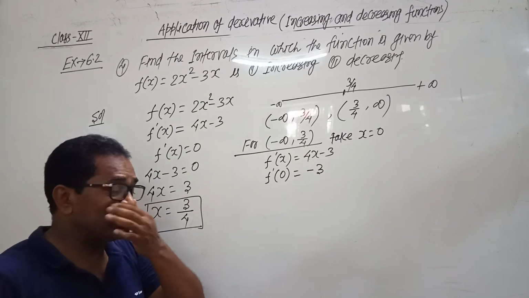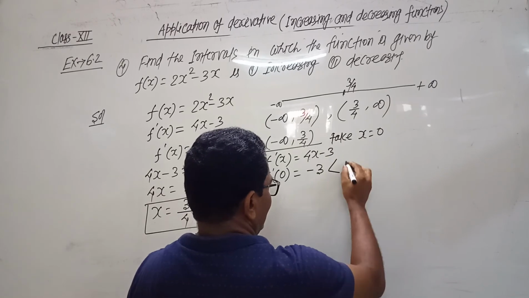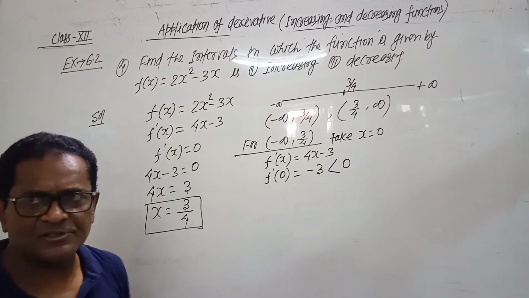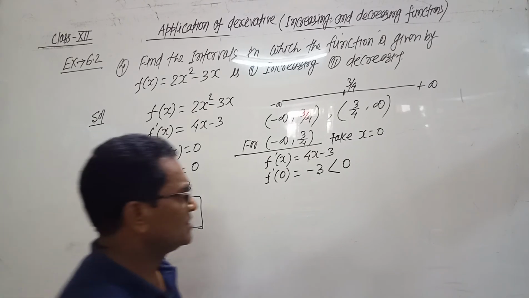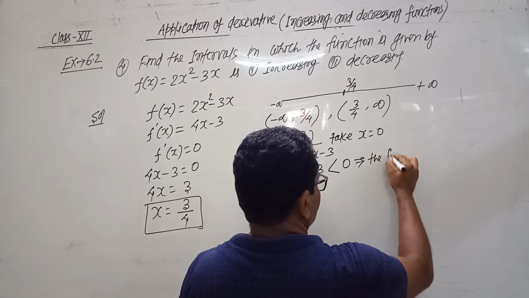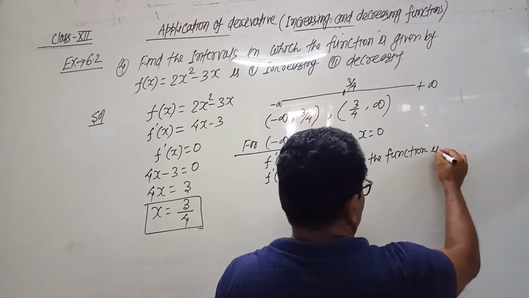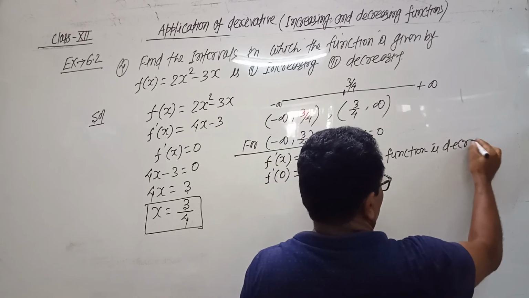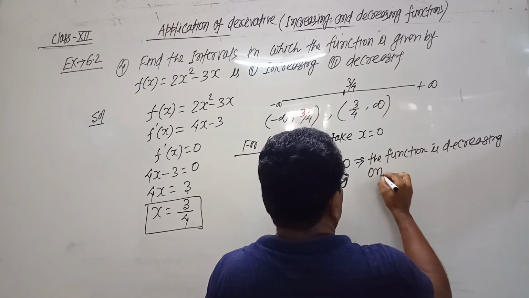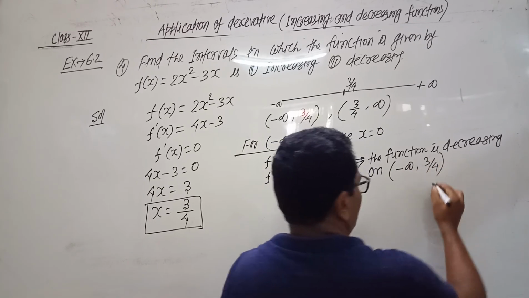Since f dash 0 comes to be minus 3, which is less than 0, it means the function is decreasing on the interval minus infinity to 3 by 4.